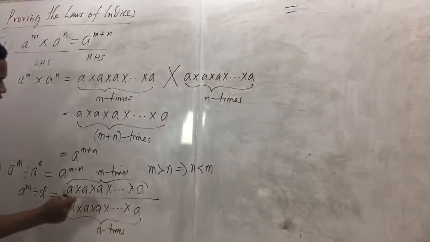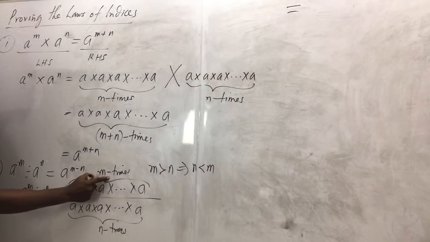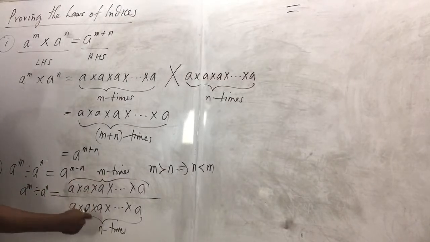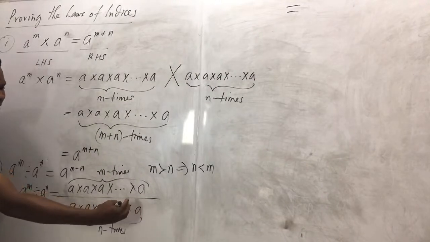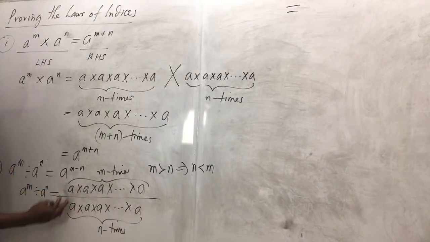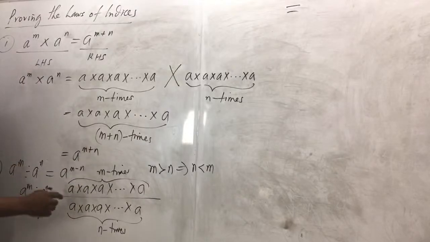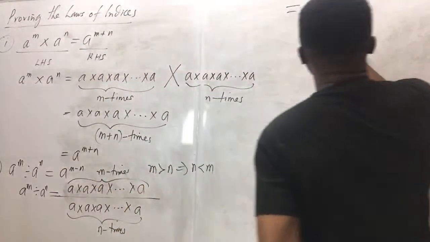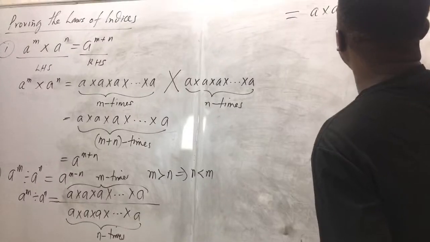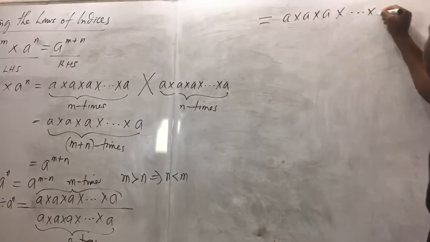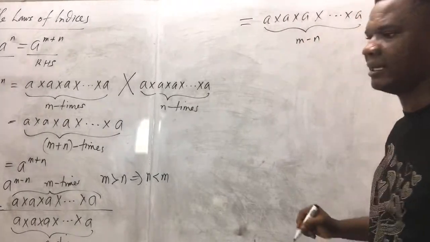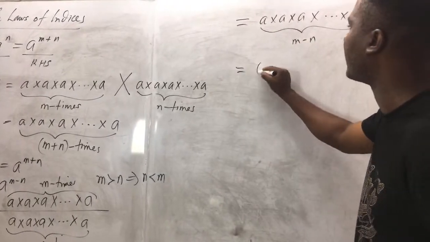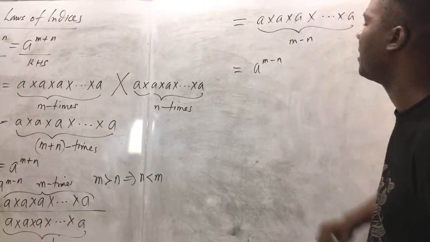If m a's above in the numerator are more than n a's, it means that after cancelling, if you cancel out n a's from the m a's, you will be left with a total of a times ellipsis a, m minus n a's left, and that would mean writing it as a raised to the power m minus n.